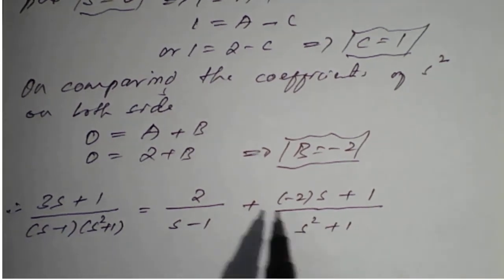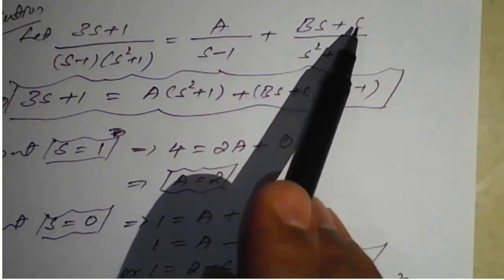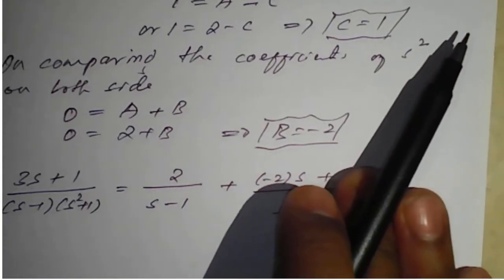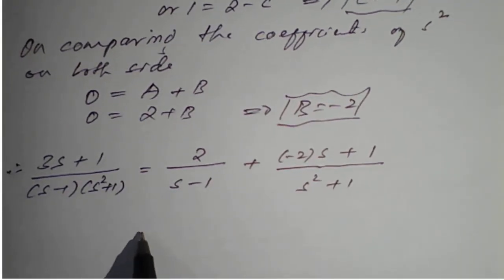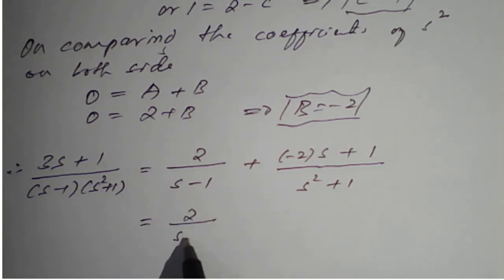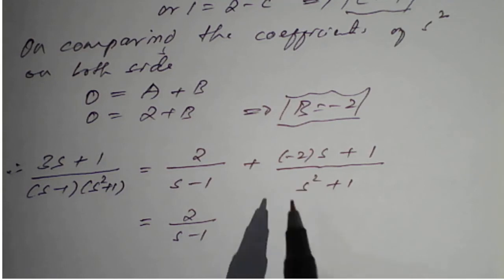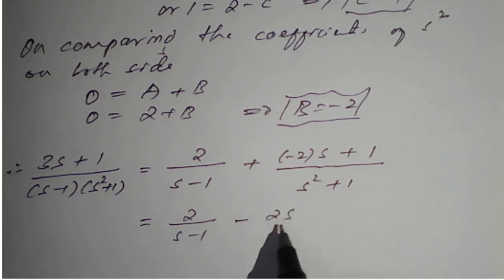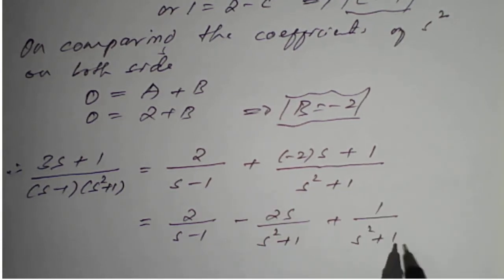Here we need to do a small simplification, then we'll apply the inverse Laplace. That is 2 upon s minus 1, minus 2s divided by s square plus 1, plus 1 upon s square plus 1.